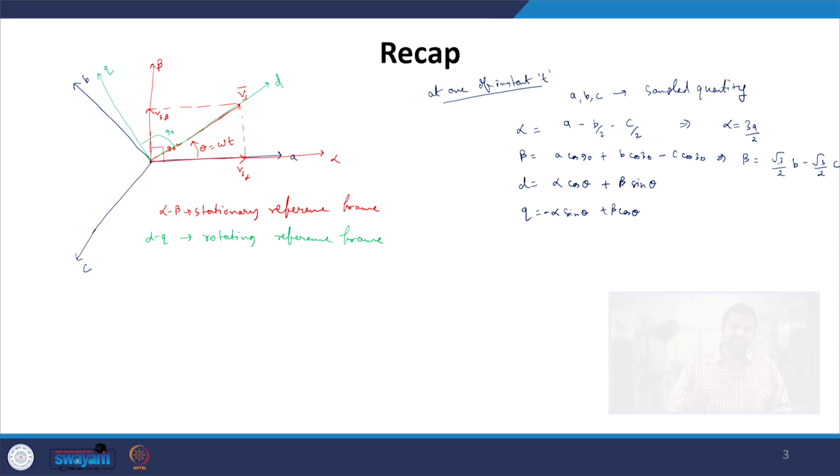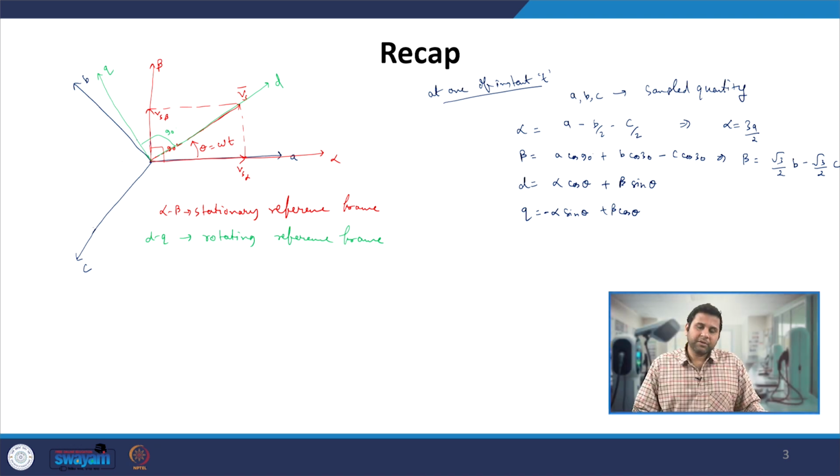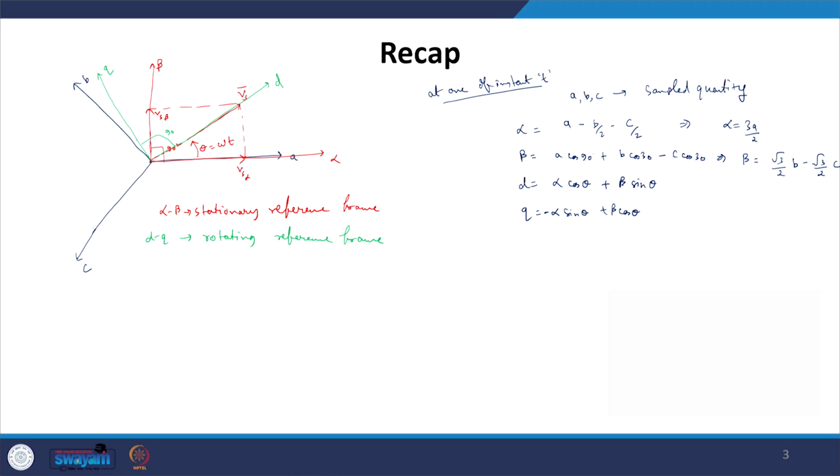That means when you change anything on the alpha component, there is no impact on the beta component, and vice versa, primarily because when you take the beta axis component onto the alpha axis, you get Vs beta times cos 90, because they are 90° apart and cos 90 is 0.